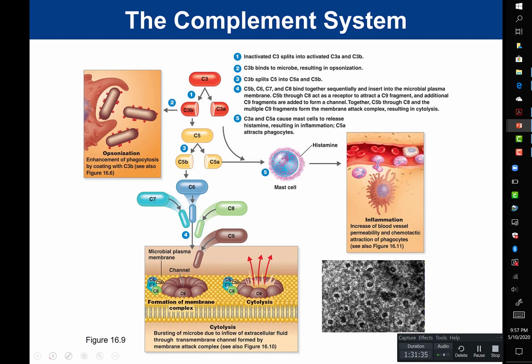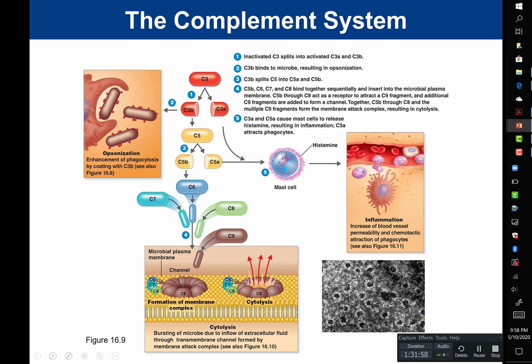So when you're looking at this diagram, I do not care that you memorize the signal transduction pathway, meaning I don't care that you know that inactivated complement 3 splits into activated C3a and C3b. I don't care that you know the steps in the pathway.